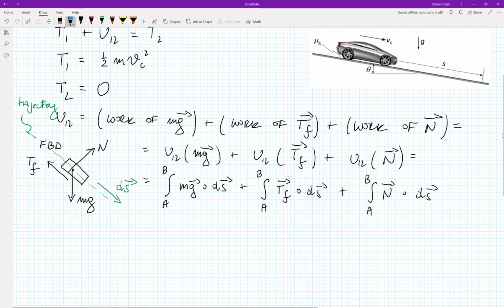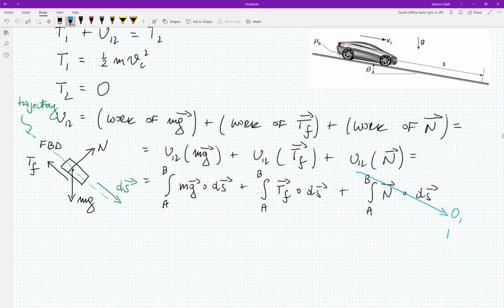Can any of you tell me what is the value of this integral? Sean? Yeah, and why? Exactly, yeah. And basically you use the information from the previous board, yeah? So this is 0. That entire integral is 0. And why?